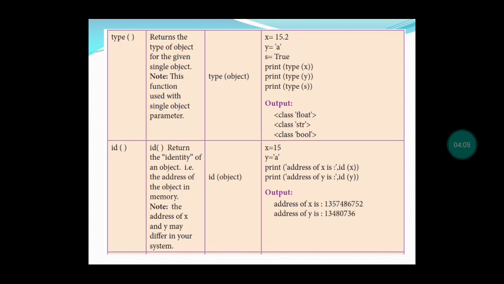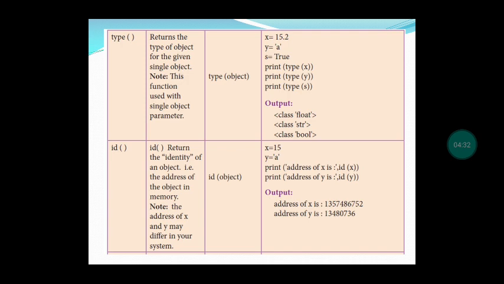That is integer, float, character, string, boolean, like that. Integer means a number without decimal places. Float means a number with decimal places, for example 5.10, 5.3. String means it contains alphabets and should be enclosed in single quotes. And boolean means it is either a true value or a false value.